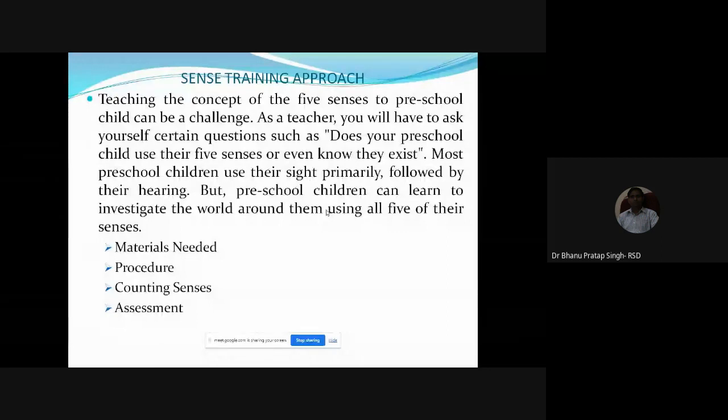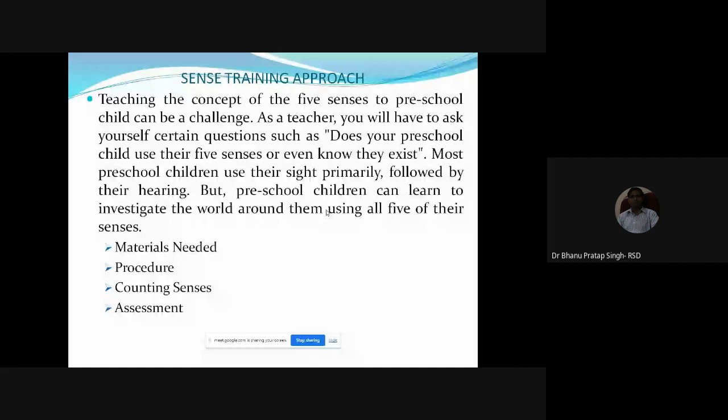So, as a teacher, we should be aware of these 5 senses, because by knowing these senses, we will be able to understand the knowledge level of the child and various issues related to the learning of the child.